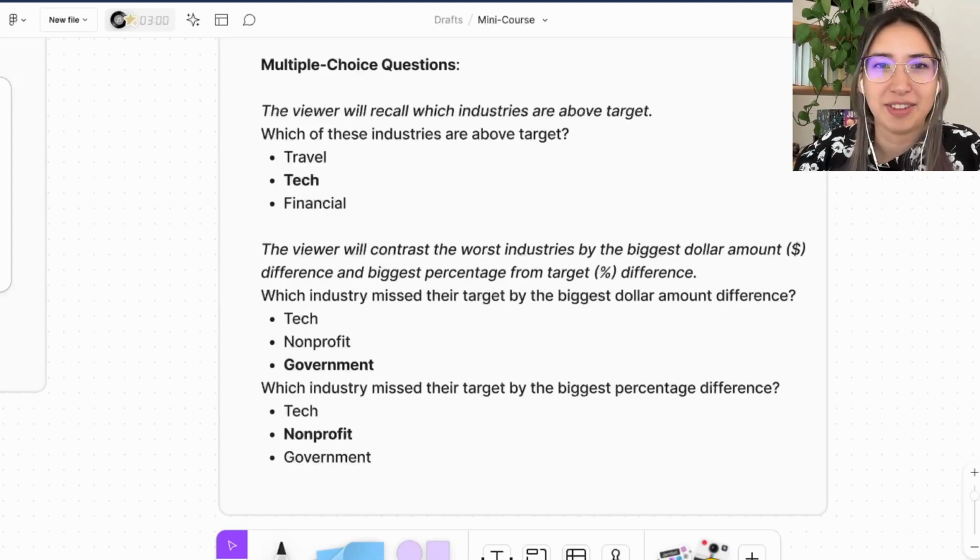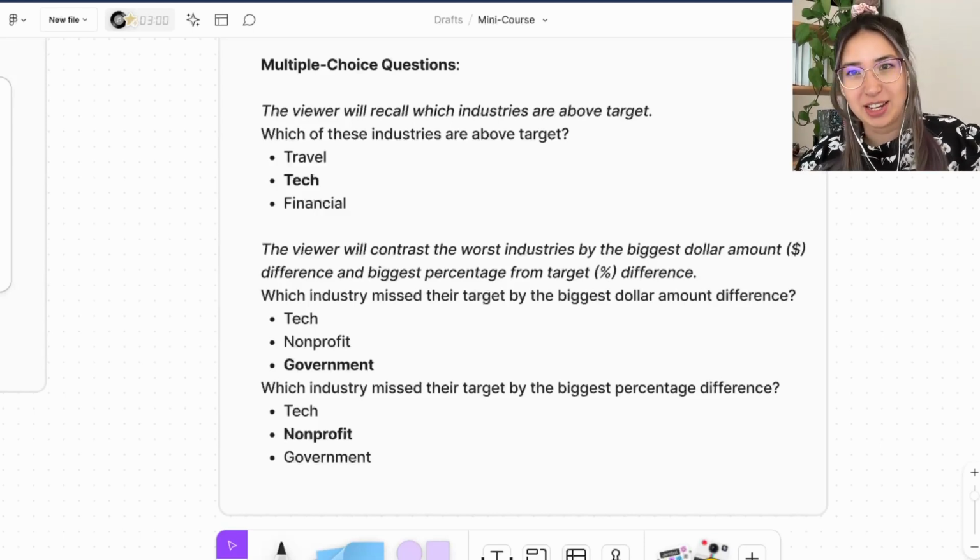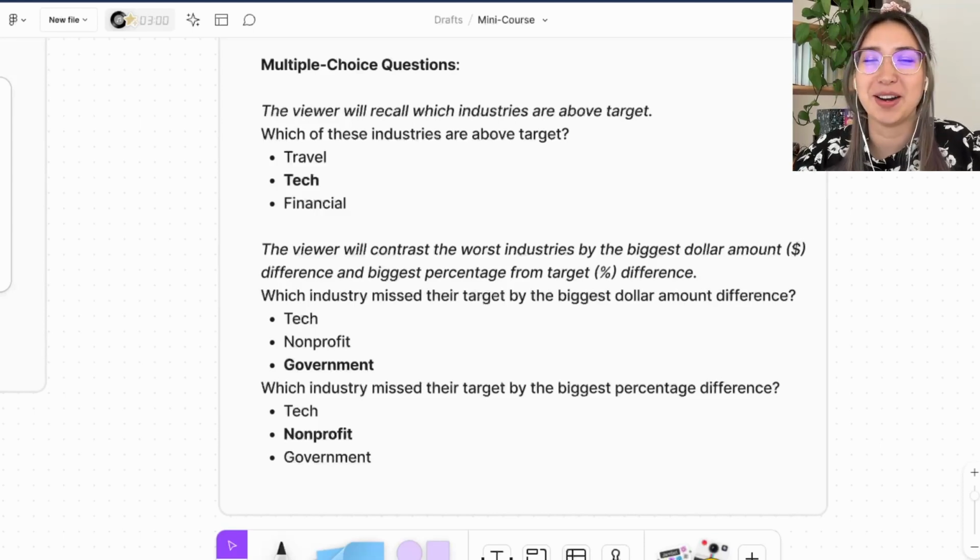Travel, tech, financial. When somebody looks at the graph, they should be able to answer this question. Or if somebody is shown the graph and it's taken away, they should be able to answer this question, which would be a little bit harder. But hopefully if the graph effectively communicates this, then they'll be able to answer it. And so the correct answer here is tech.